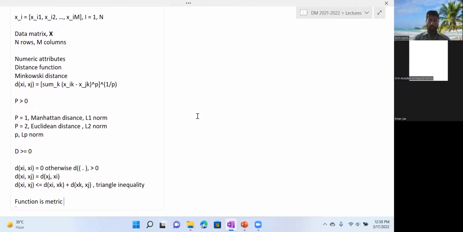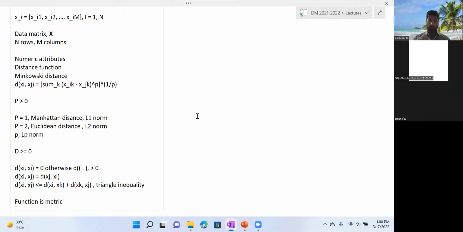in the literature. So why are these three properties desirable? Obviously, they're very intuitive. If two objects are the same, their distance should be 0. Otherwise, their distance should be greater than 0. Since we are talking about distance, distance is not an asymmetric property. It is a symmetric property. So if x1 and x2 are flipped, the distance should be the same.